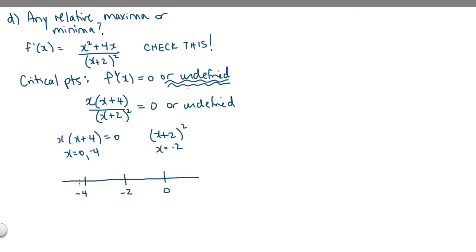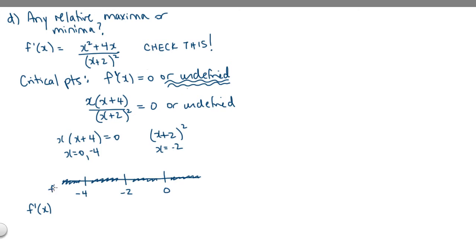And remember that these are the only places where f prime of x can change signs. So our goal is to figure out what the sign of f prime of x is on each of these little intervals. For each of these 4 intervals, we're just going to select an x value in the interval. For example, in this first interval, we could choose -5.